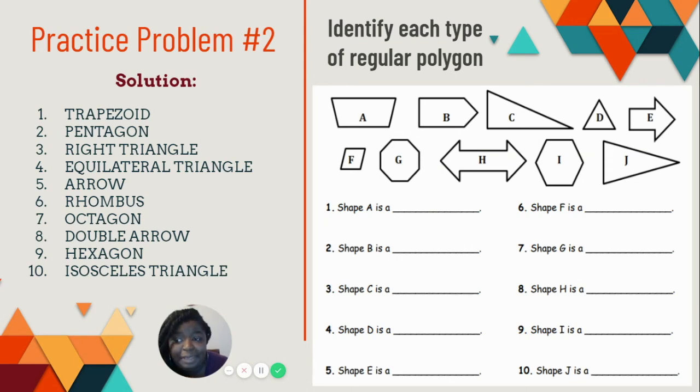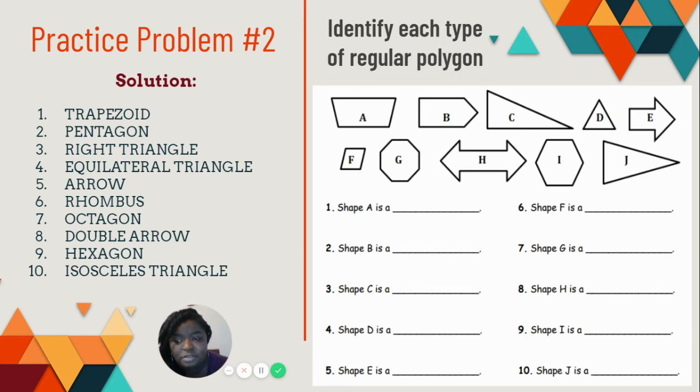Shape B is a pentagon. Shape C is a right triangle. Shape D, I'm sorry, is a right triangle or equilateral triangle. I'm sorry. Shape E, number 5, is an arrow.